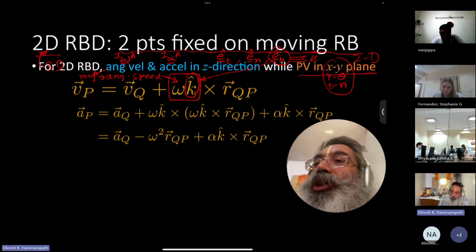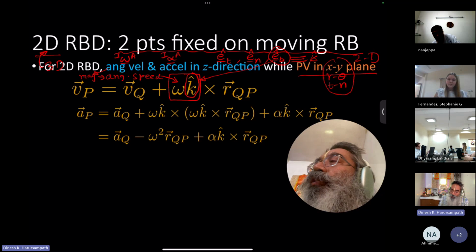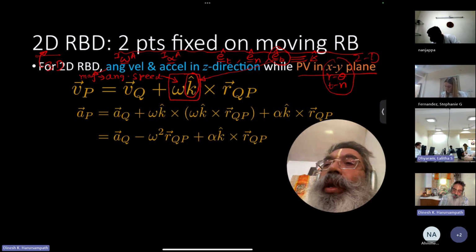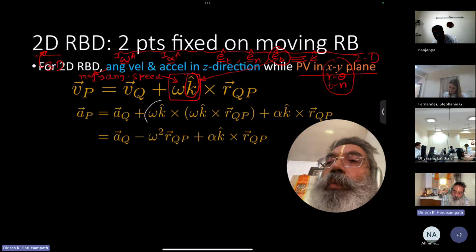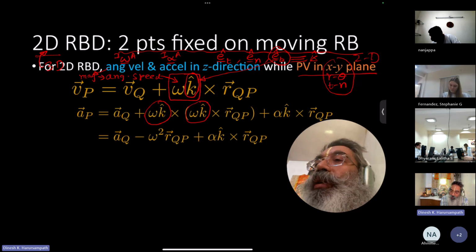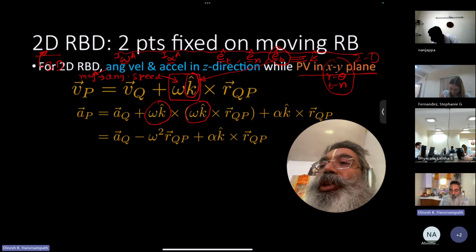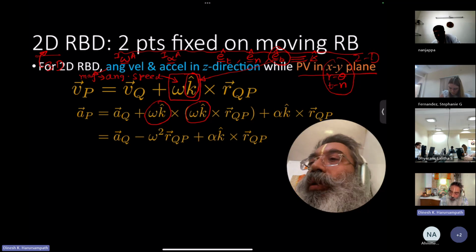As far as the acceleration is concerned, we have two terms, and both of these involve either omega or alpha, and those are the terms that we are replacing with simpler expressions. Instead of a generic vector omega, we have omega times k hat, where omega is a scalar, the magnitude of the angular velocity, called angular speed.